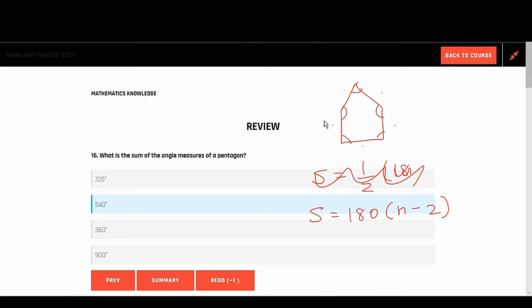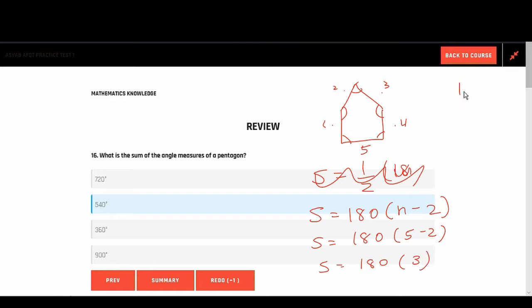Again, we know a pentagon has 1, 2, 3, 4, 5 sides, so that's going to be our n. It's going to look like this. 180, n again is 5, the number of sides, minus 2. 180 times 5 minus 2 is 3.